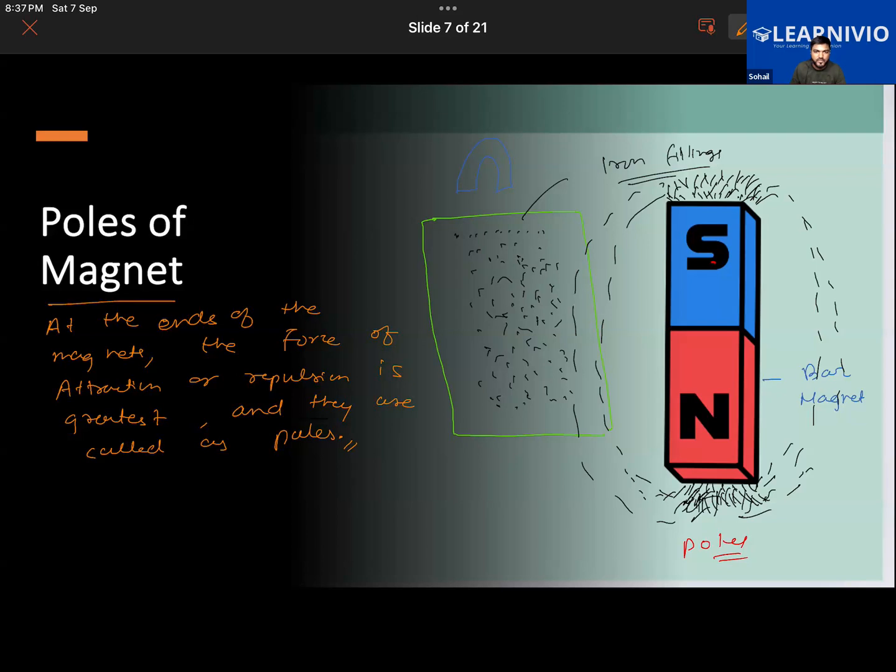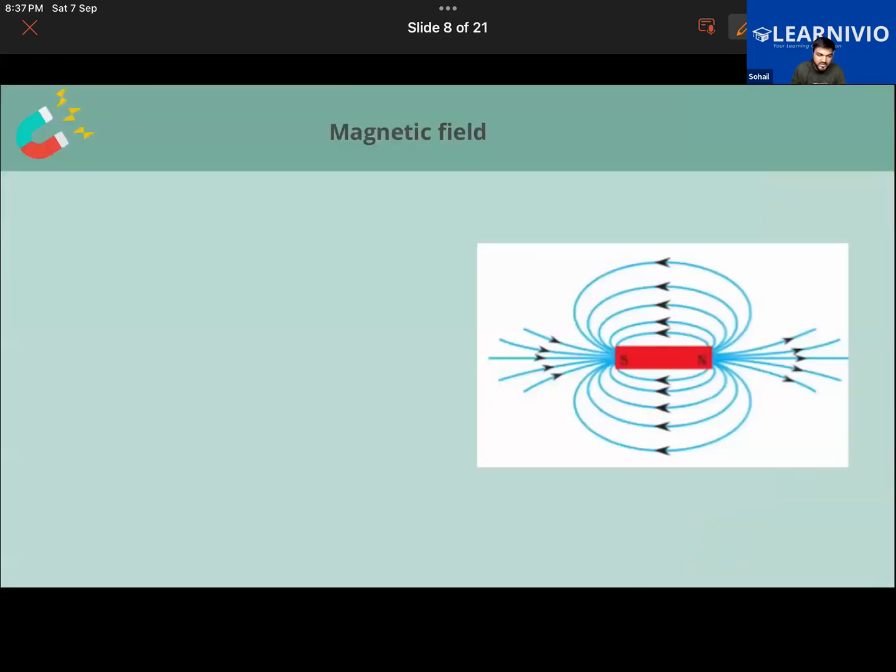Good. Next, we are going to learn about the magnetic field. The magnetic field is basically an area around the magnet within which the magnetic force is acting. Take the example of this diagram here. This much is the region in which the magnetic force is acting. If I were to place an iron nail outside this region, it will not get attracted to the magnet.